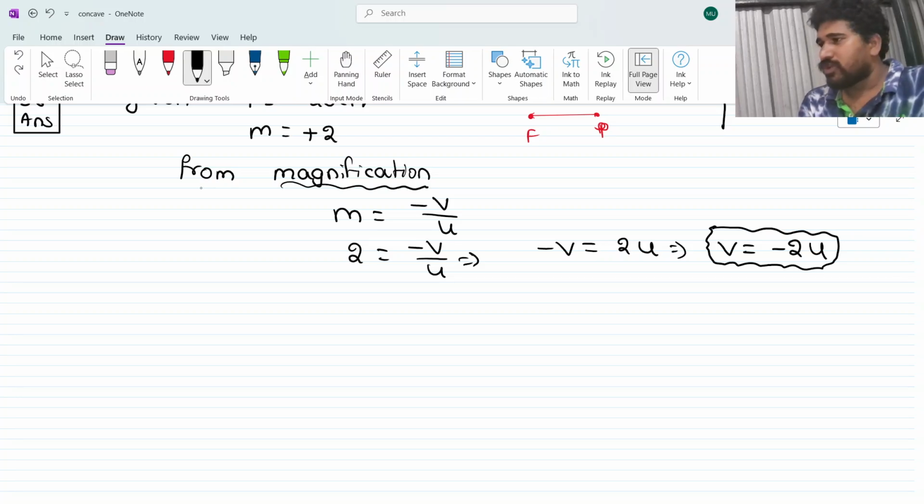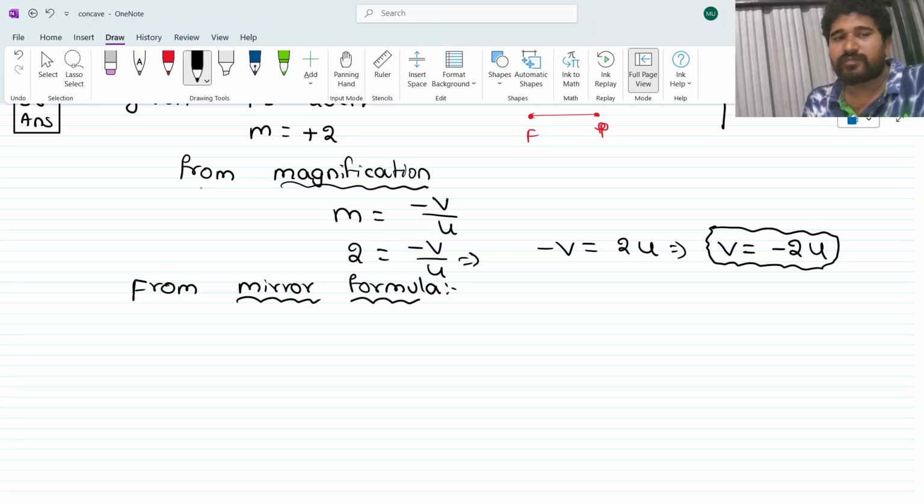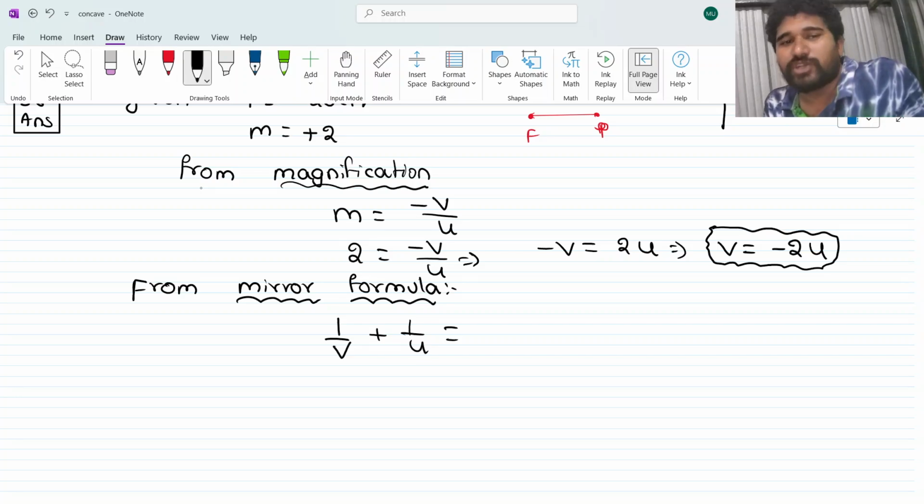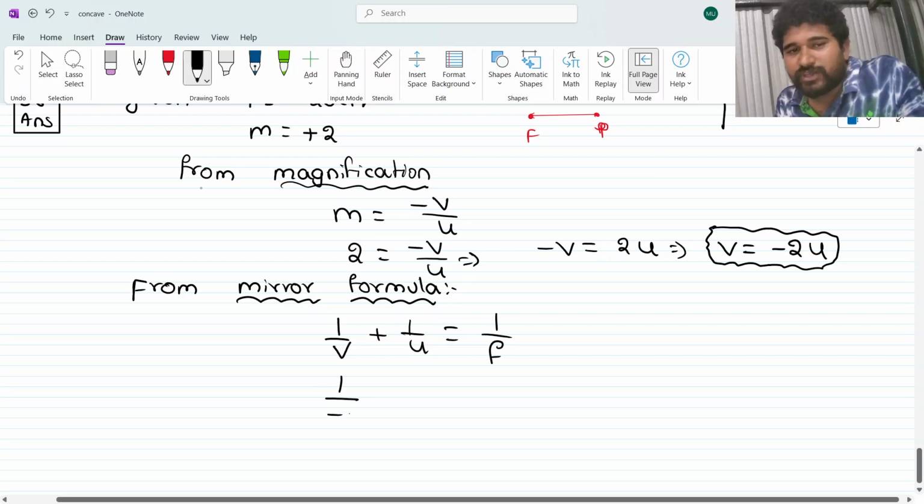F you know. Use the mirror formula, right? What is the mirror formula? 1 by V plus 1 by U is equal to 1 by F. 1 by V is how much?